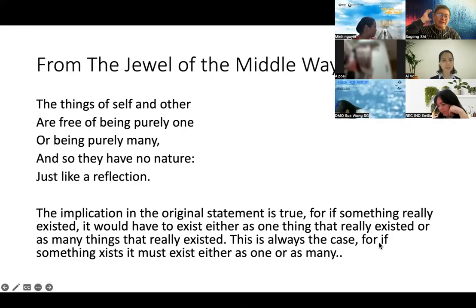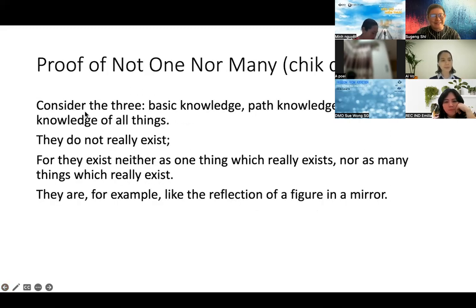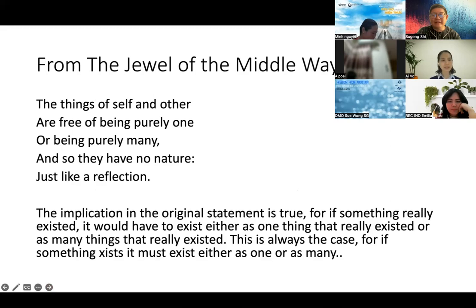Rig means we use the logic. Here we quote from the scripture as the proof of our statement, whereas here this is called syllogism. We use the syllogism as the logic to prove that all these three knowledges do not really exist. So this is the rig, this is the lung.